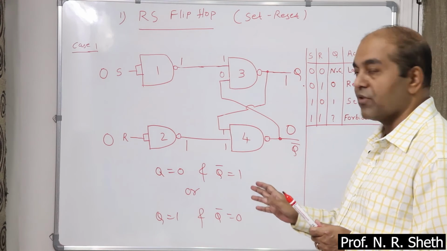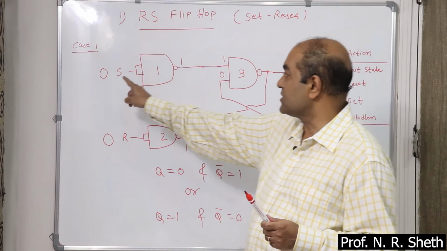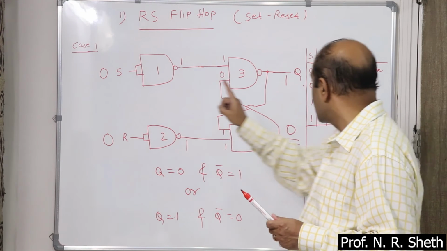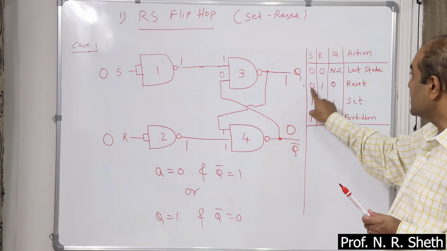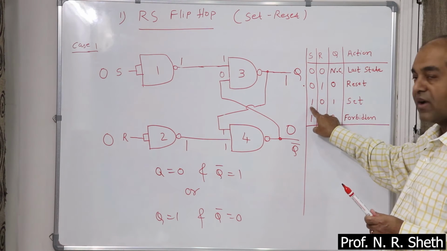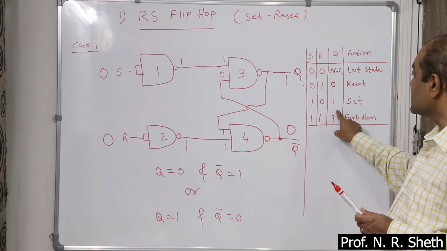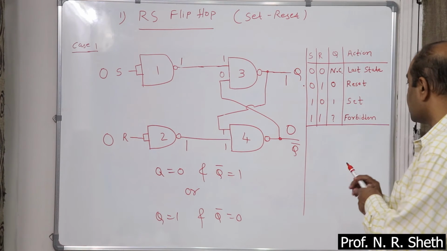In the RS flip-flop, basically Q follows the action of S. Look here: if S is 0, Q is 0; if S is 1, Q is 1. But you have to remember this case.